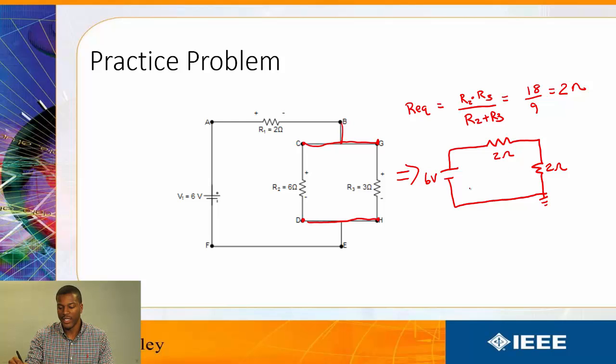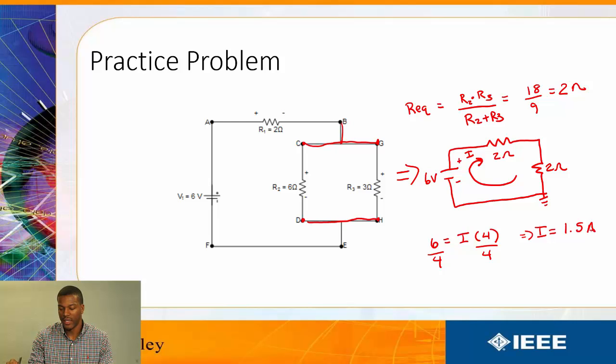So now we can simply use KVL, solve for this loop, and find the total current, which is 6 equals 4 times I, and this 4 comes from the two resistances added together. We divide by 4 on both sides, and we get I equals 6 over 4, or 1.5 amps.